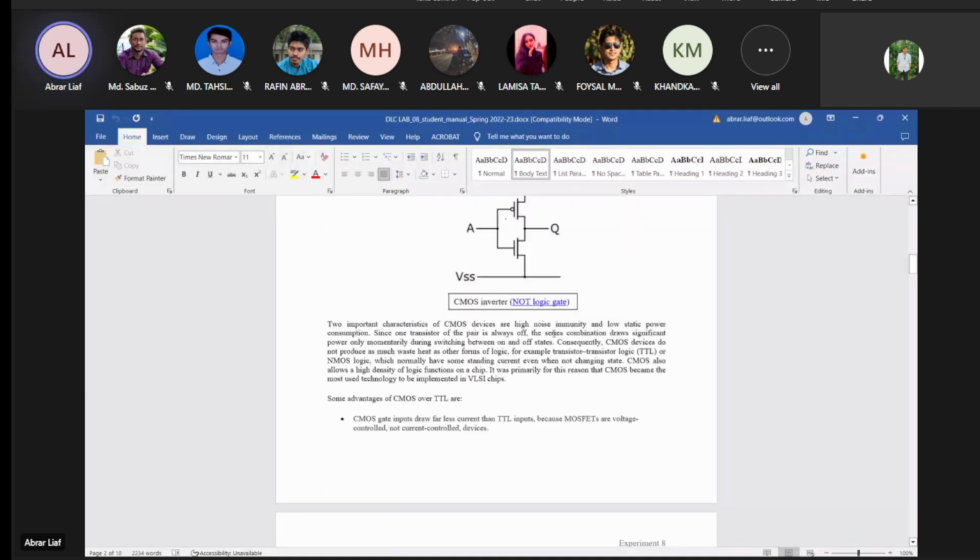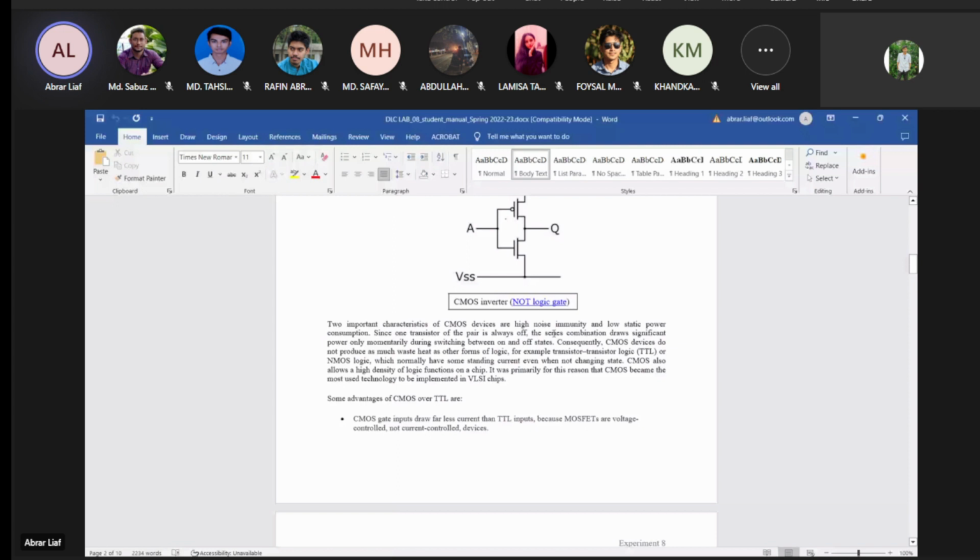So in those times, we used different combinations of transistors, resistors, and diodes to implement our circuits. By using RTL or TTL, you can also implement the same inverter, adder, or subtractor circuit, but those will not be very efficient compared to CMOS.